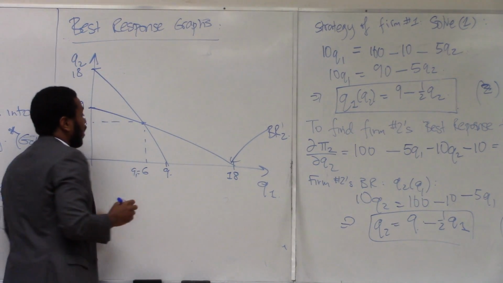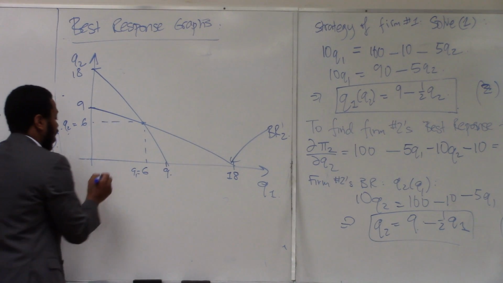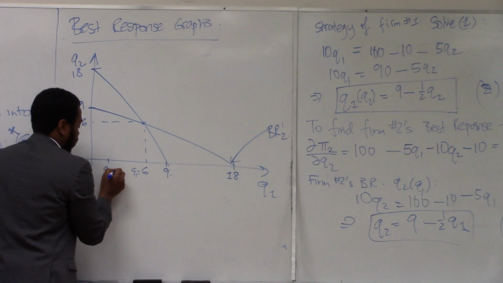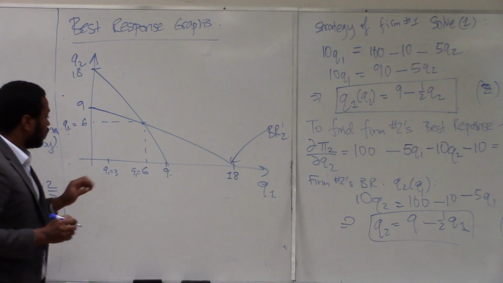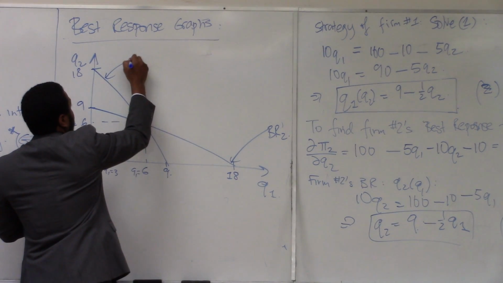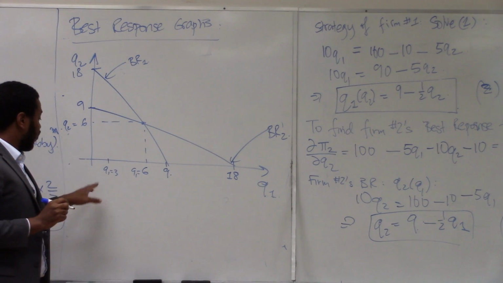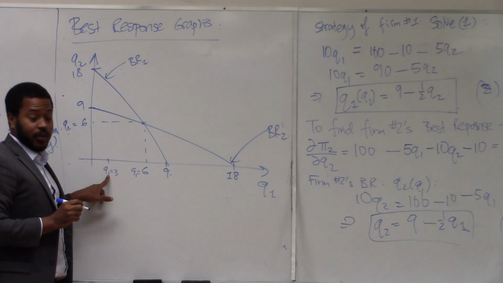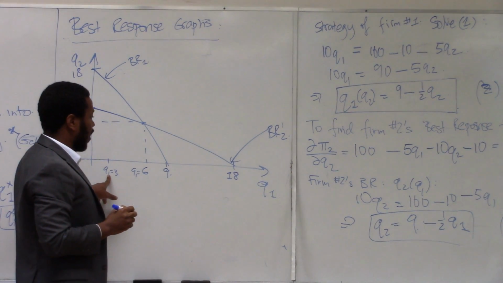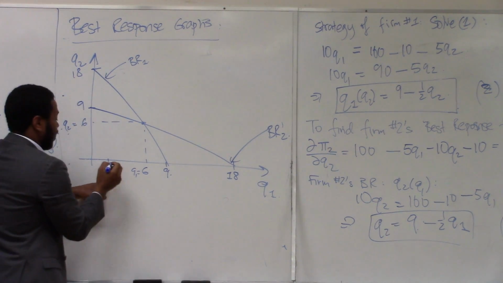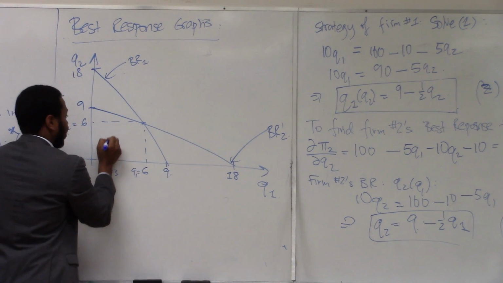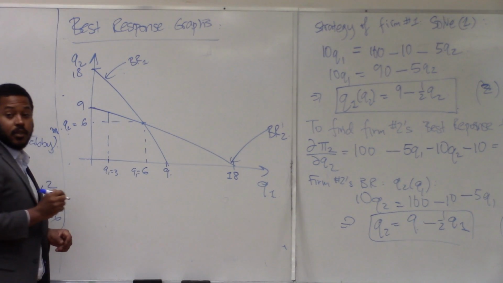Now let's think, what would happen if we started at some quantity Q1 equals 3, right? This here is the best response function of firm 1. If we started at Q1 equals 3, then let's figure out the best response of Q2. Well, to find the best response of Q2, we have to draw a vertical line and we go here, right?